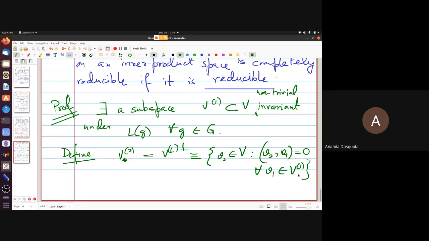So essentially you collect all the elements of capital V which are orthogonal to everything in capital V1. Now we can easily show that this is a subspace of V. I will urge you to figure out a proof of that. It is really rather trivial. Nothing much to do here, but still.